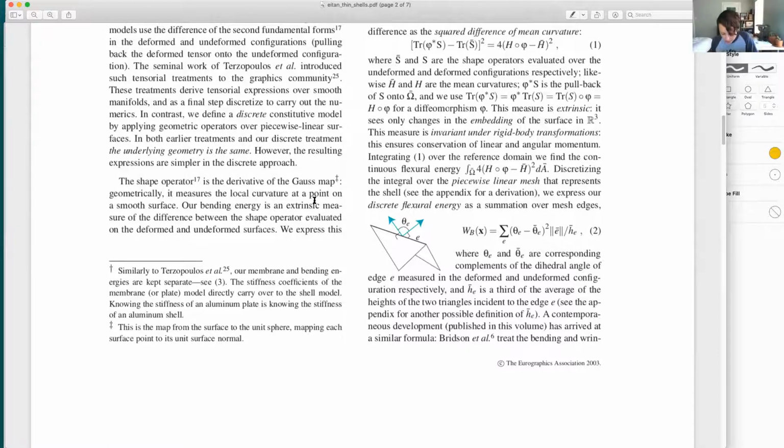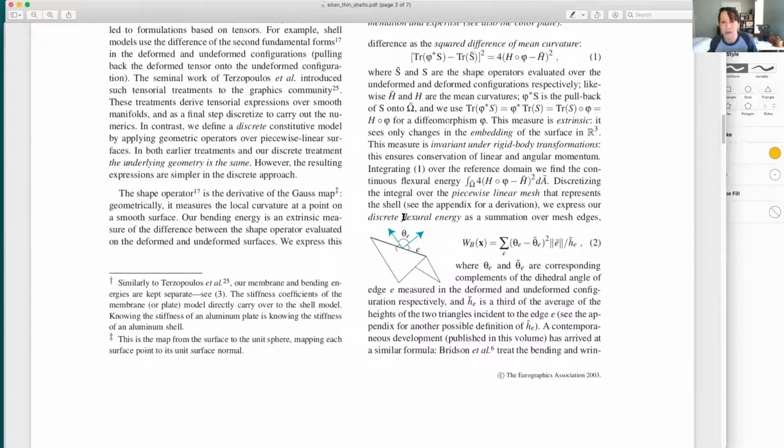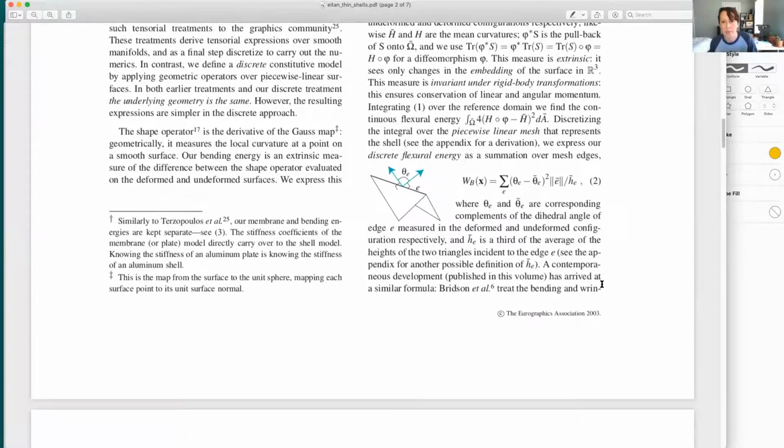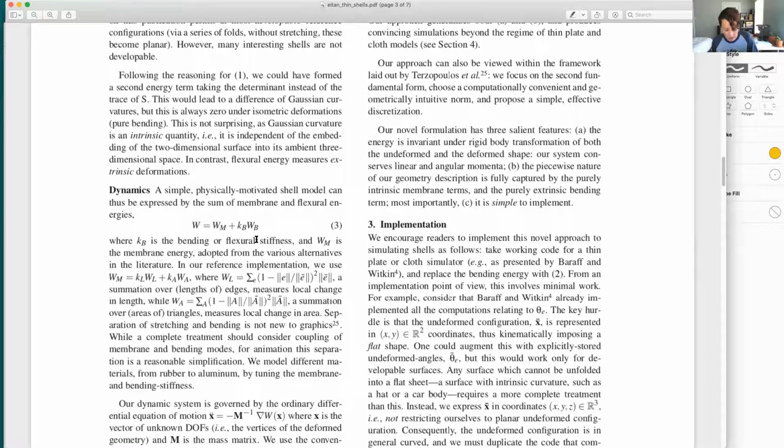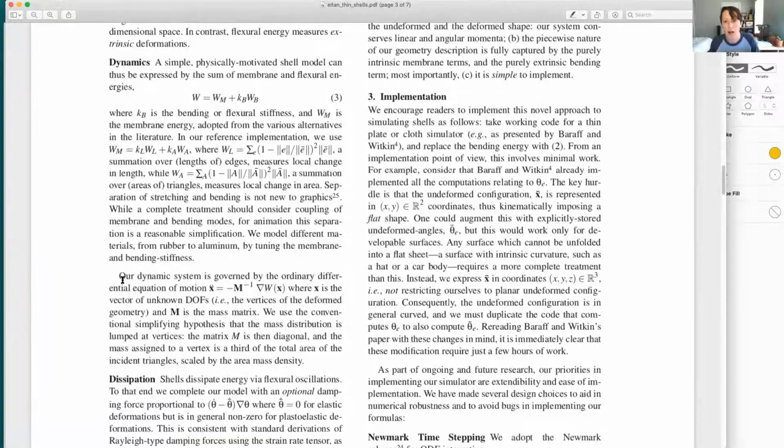But really what you're doing is you're defining a flexural energy in which all you need to know is the change in angles from the rest configuration and the local deformation from the rest configuration. And that's really all you need. And you end up, like we'll see in this assignment, basically building a big linear equation and then solving for the new positions of the surface using that model.